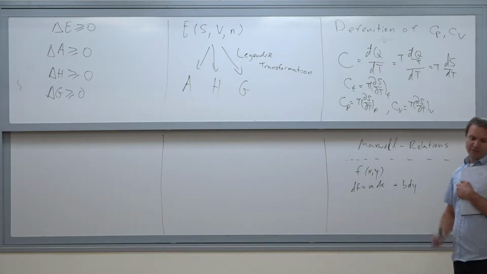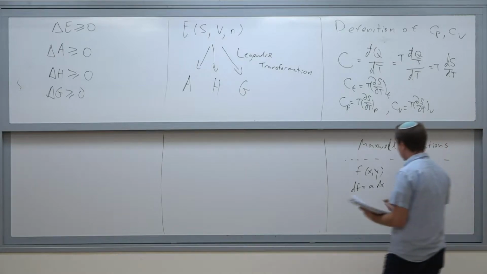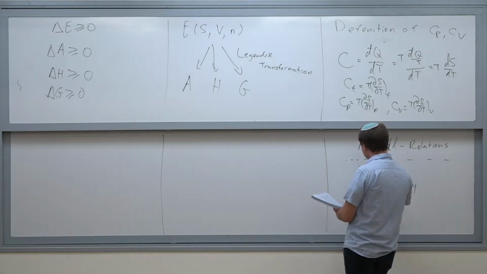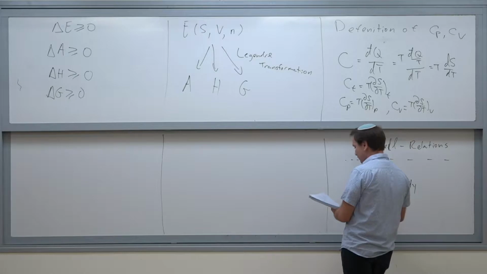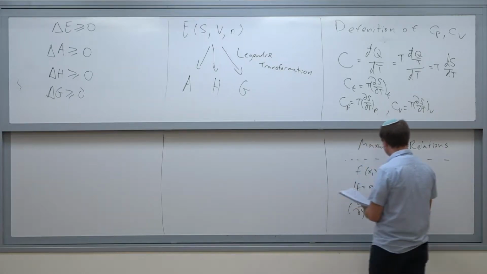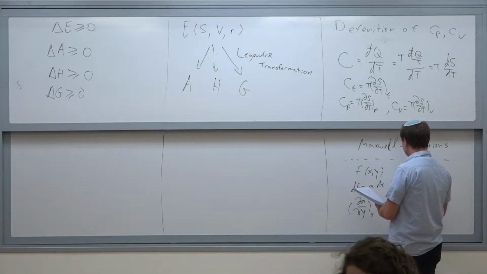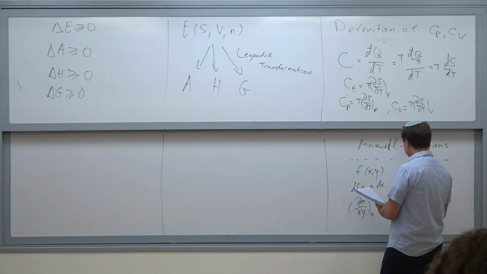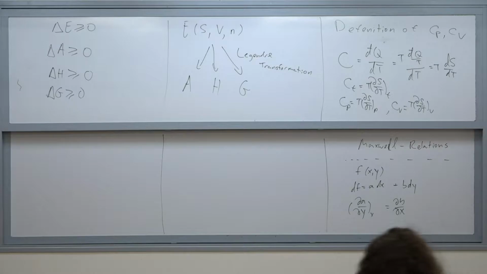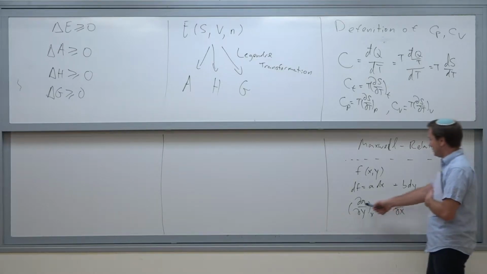If the second derivatives are continuous, I can show that dA/dy, keeping x constant, specifically equals dB/dx. Why?